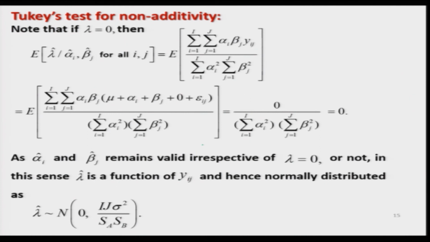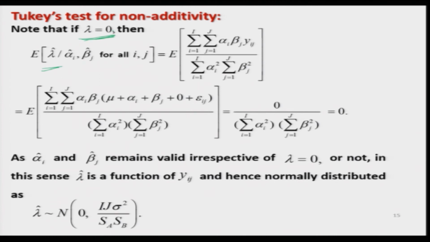Now, I try to come back once again and compile all the results we have obtained in the earlier steps. So, now I can find the expected value of lambda hat. Suppose lambda is equal to 0.